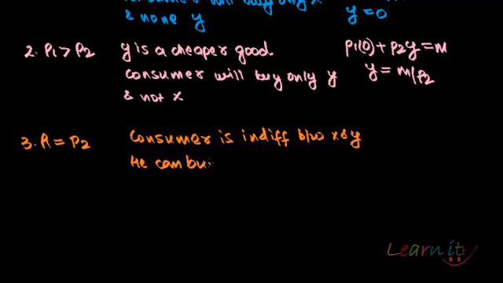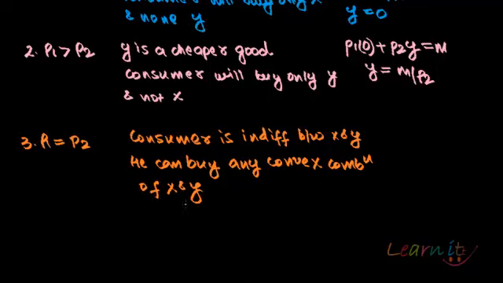He can buy any convex combination of X and Y. Clear? So he can actually consume all of X or all of Y or some combination of X and Y. You getting the point?